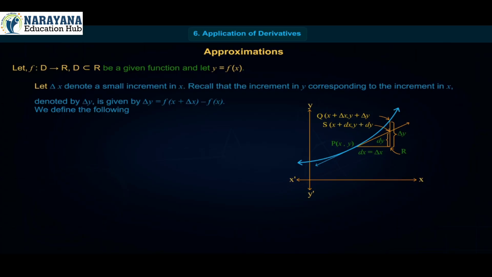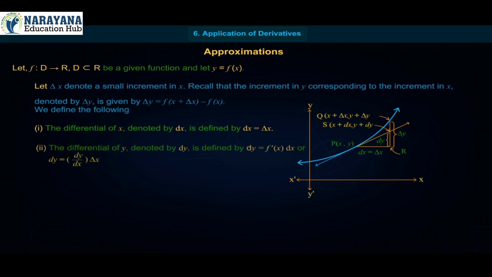We define the following. Number 1. The differential of x, denoted by dx, is defined by dx is equal to delta x. Number 2. The differential of y, denoted by dy, is defined by dy is equal to f dash of x dx, or dy is equal to dy by dx delta x.